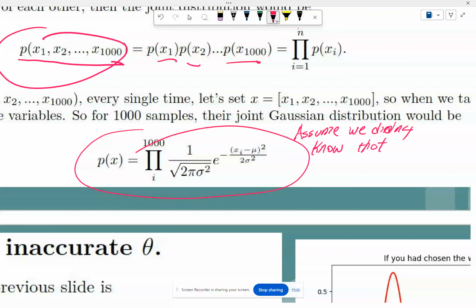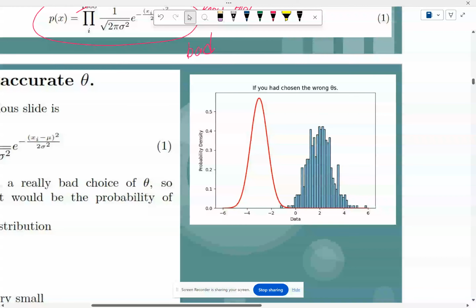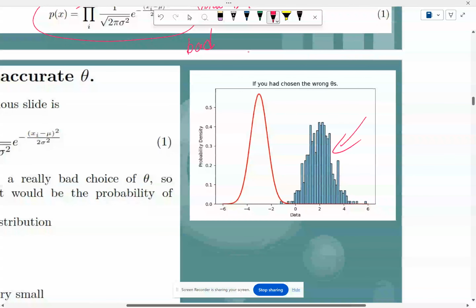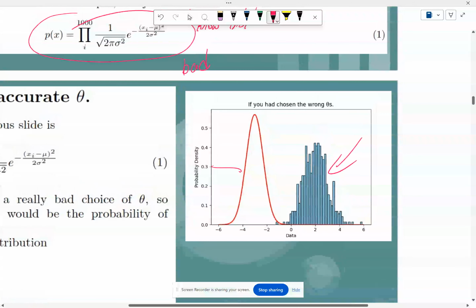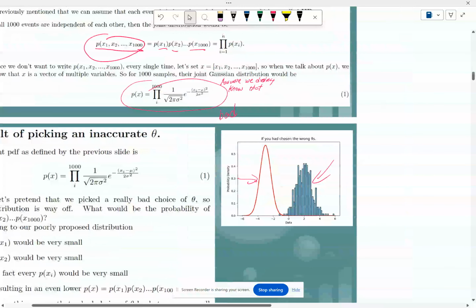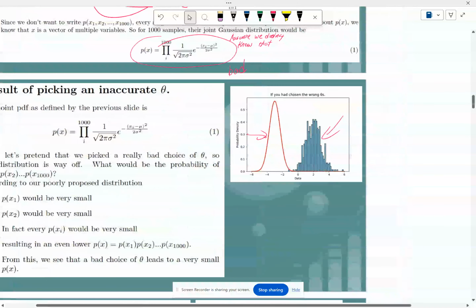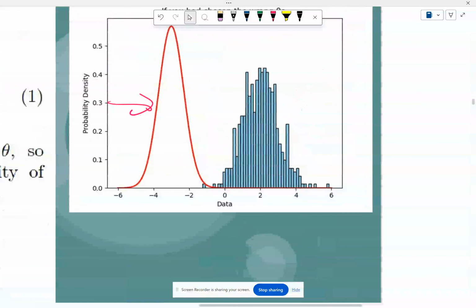Let's start by saying that we just make a really, really bad guess, right? So here's an example of a bad guess. The real data is here, but because we made such a bad guess, the distribution is really here. Okay. Now this means that we are really, really off. And what will happen if we calculate? Let's say we have a sample here, right?